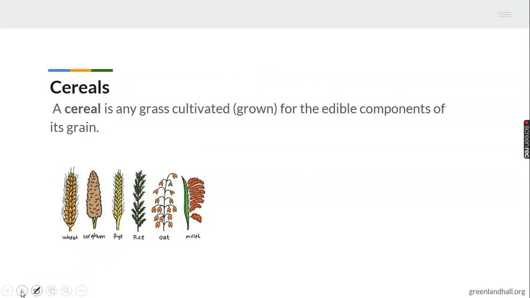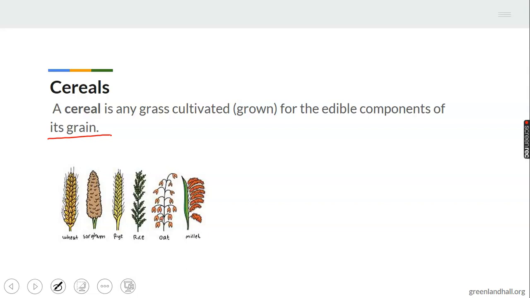Cereals, still on crops, we want to talk about cereals. A cereal is any grass cultivated for the edible component of its grain. So when it's planted, the grain is what we take. The content from what is planted is the grain. Grains are seedlings.